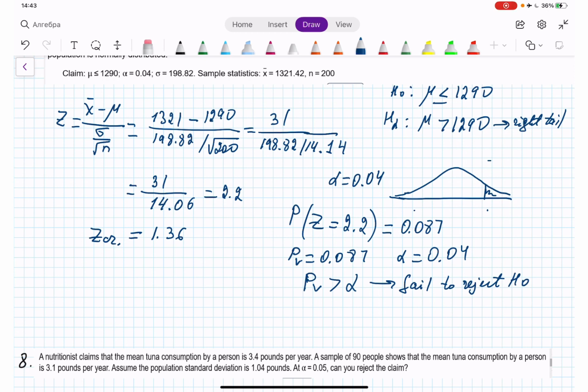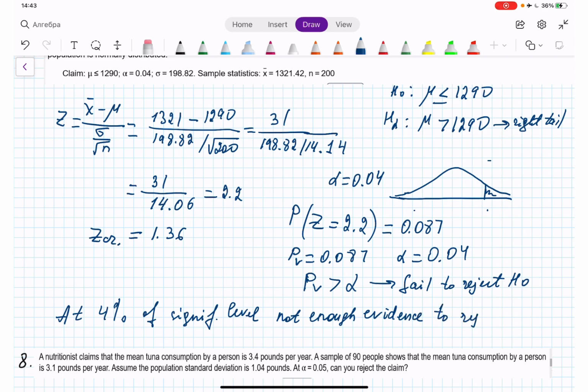Okay, and that means at the 4% significance level, there is not enough evidence to reject the claim.